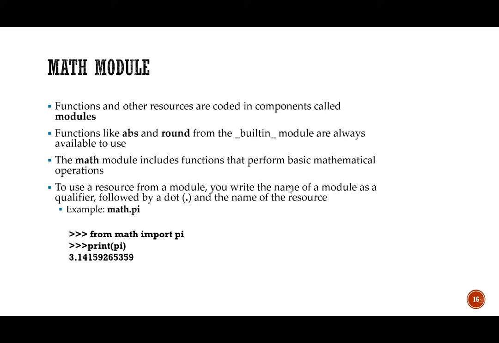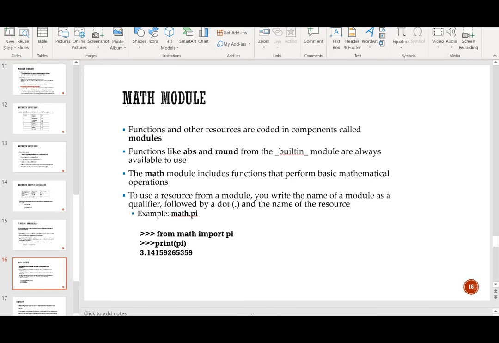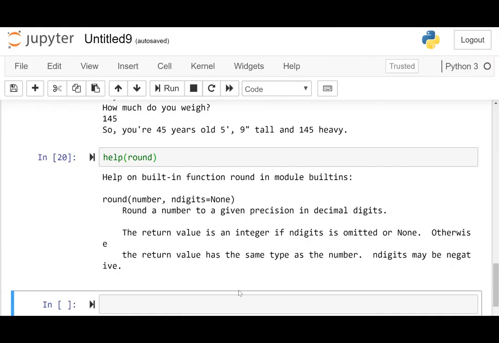The pi value is under the math module. I call math.pi, then I'm going to see the result. Here you can see a piece of code where I'm importing the pi value from the math module, and then I am printing the result. Let's run this in a notebook and see what it looks like.